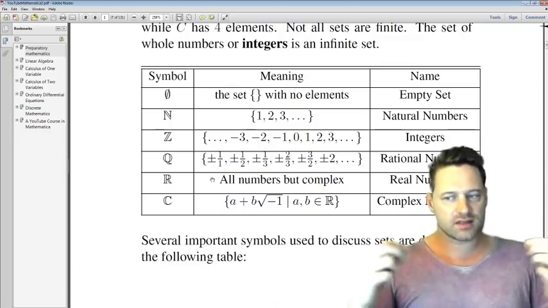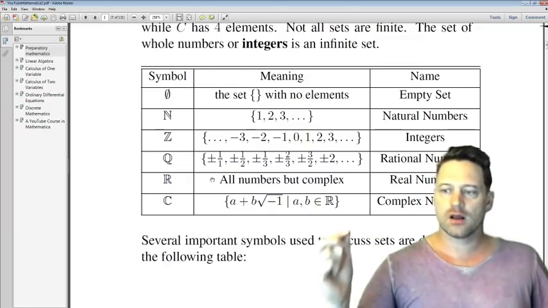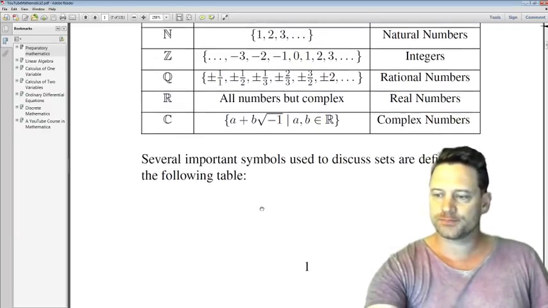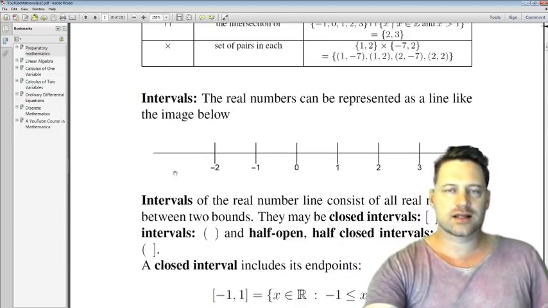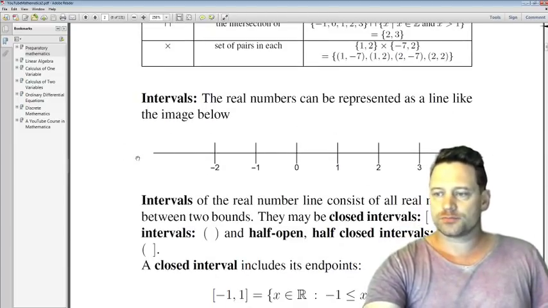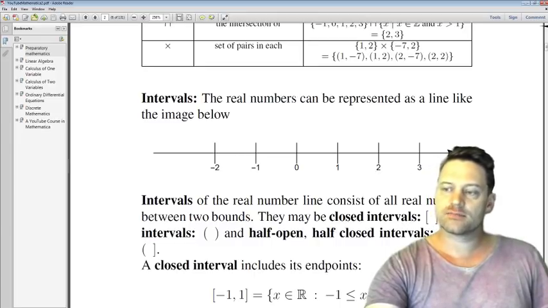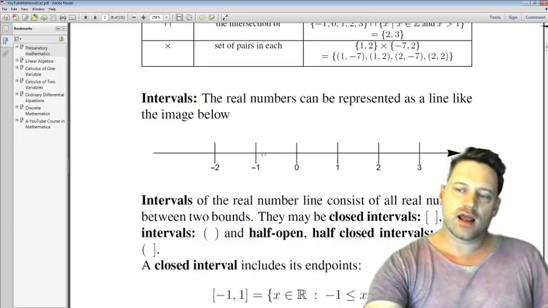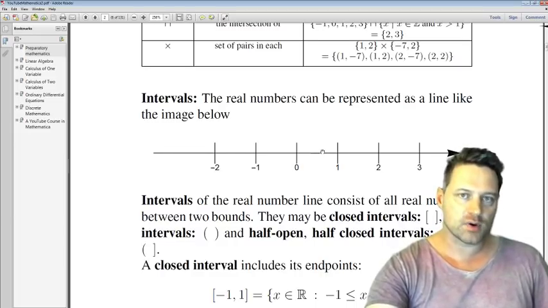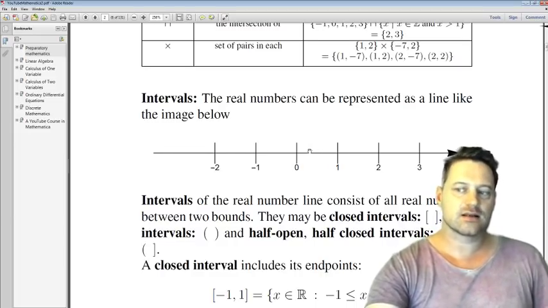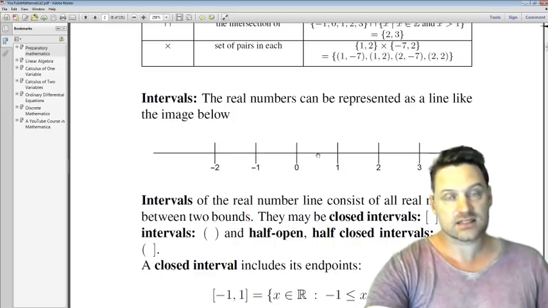The best way to think of this is with a line. Now if we scroll down, I've got a picture of a line down here. This is the number line. Every point on this line can be associated with a number, which has a distance from 0.